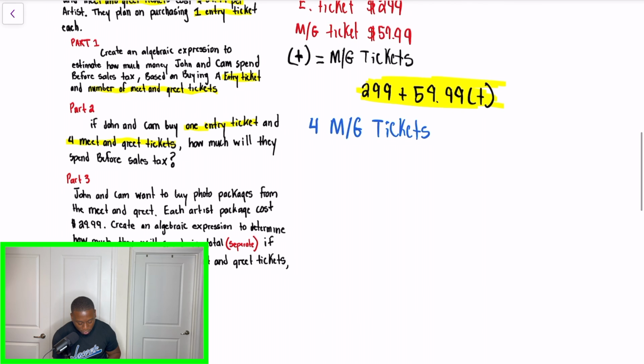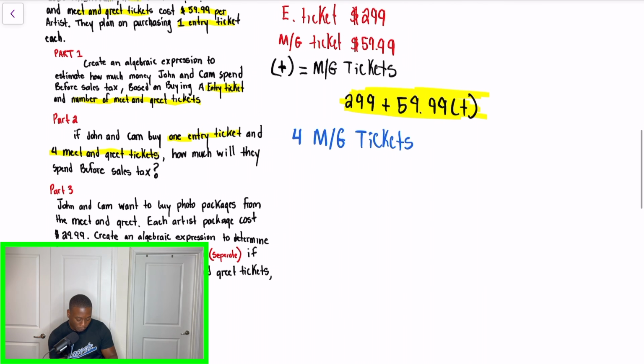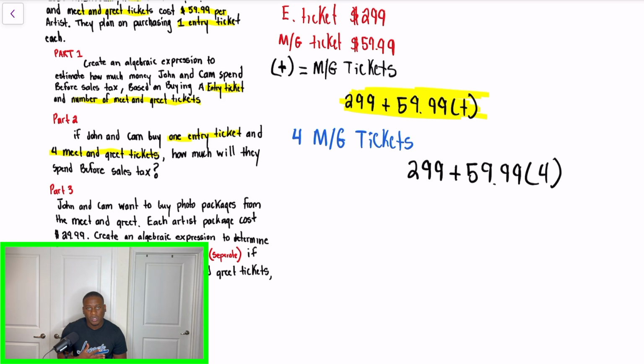Let's scroll up just a little bit. What we should have is 299 plus 59.99, and then in parentheses we're going to have 4. What I tell my students, guys, is that order of operations still applies. So we're going to want to multiply 59.99 and that 4.